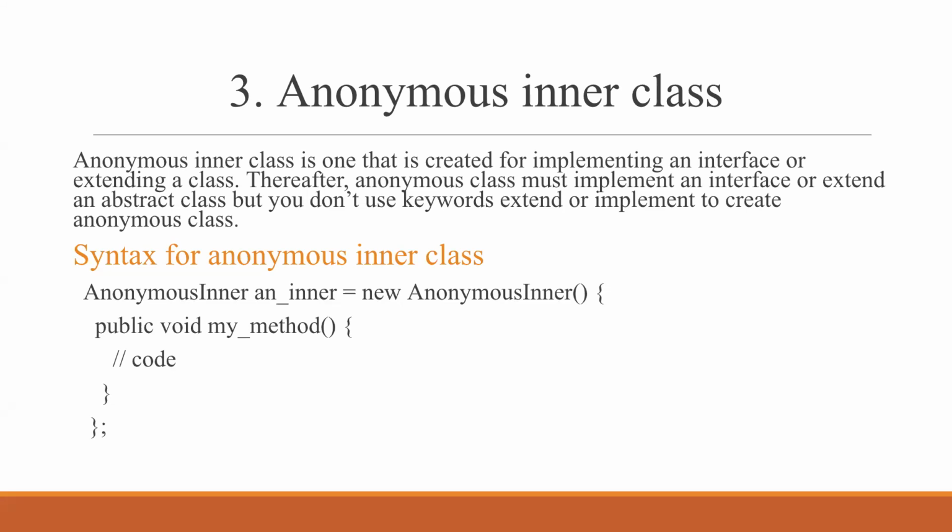But in this case, we are not using the keywords extend, which is used with an abstract class, and implement, which is used with an interface. The syntax for creating an anonymous class is: you have the abstract class name or the interface name, then the object, which is equal to new, the abstract class name or the interface name.